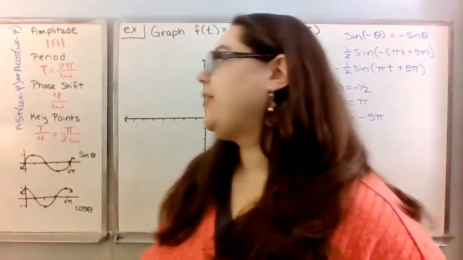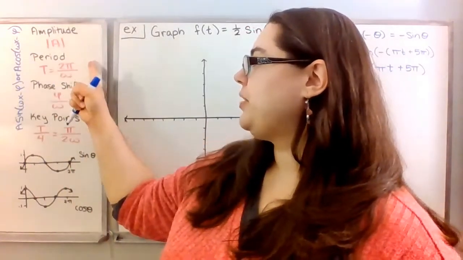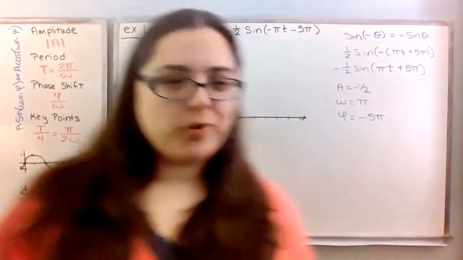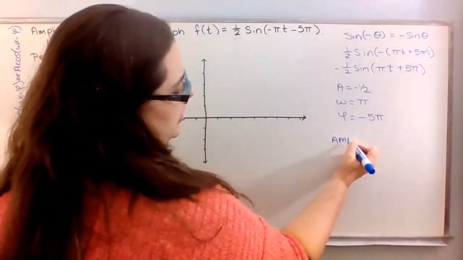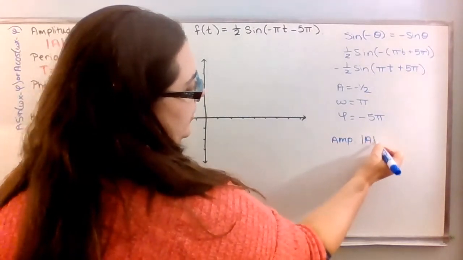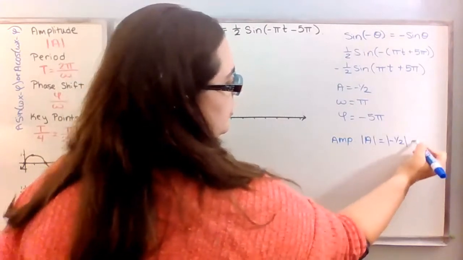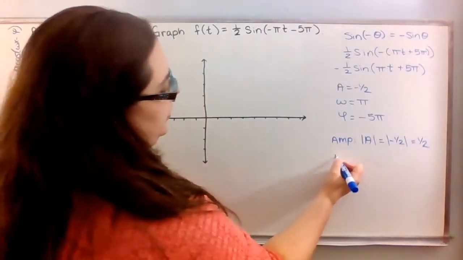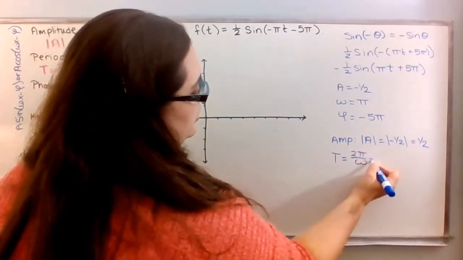Next, we want to figure out our amplitude, the period, the phase shift, and key points. Let's go ahead and work on that. For the amplitude, that's going to be the absolute value of a. So that's the absolute value of negative 1/2, which is 1/2. The period is going to be 2 pi over omega.